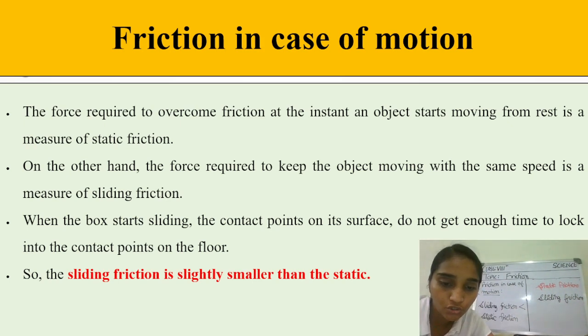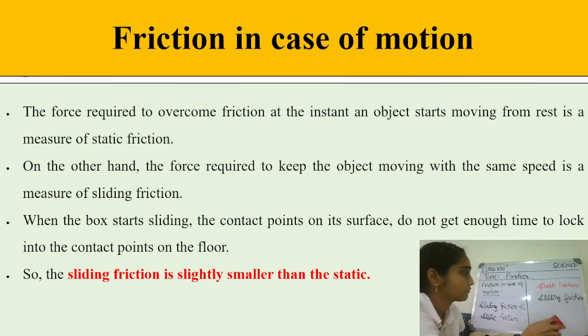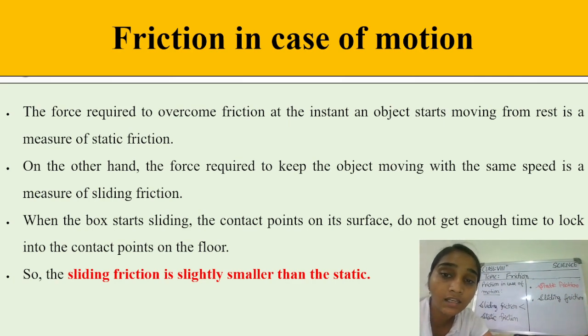Also, you can note down these points if you want. Then we will proceed further. Also, students, when one thing slides over another, we term that sliding friction, because there is also motion being opposed by resistance. It is slightly smaller than static friction, because when it is static, it is difficult to move.